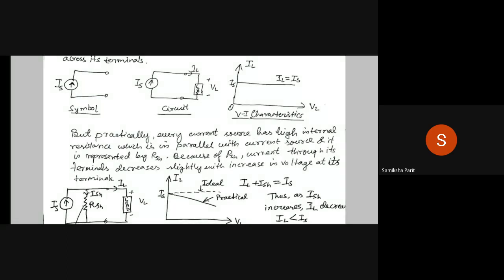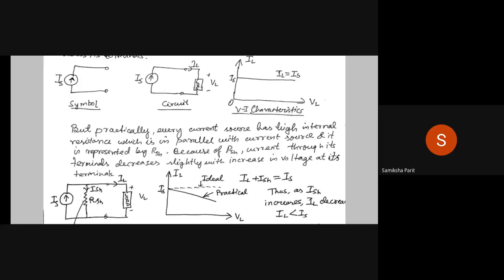IS is the source current of the current source, the circle, and the one which is flowing to the load at the load terminals, where the voltage is VL, is represented as IL. So when IL equals IS, then only the graph for the ideal case comes as a constant, means a flat straight line.